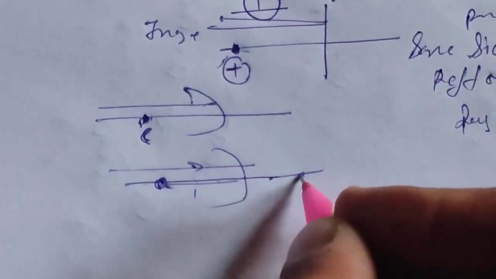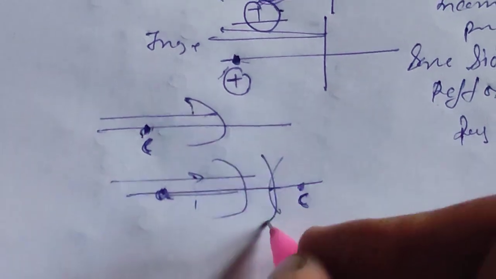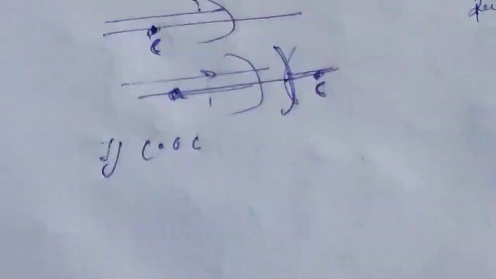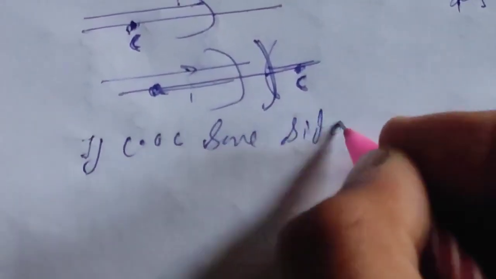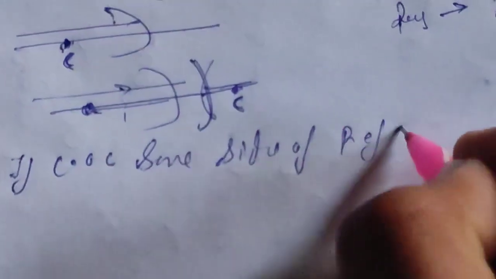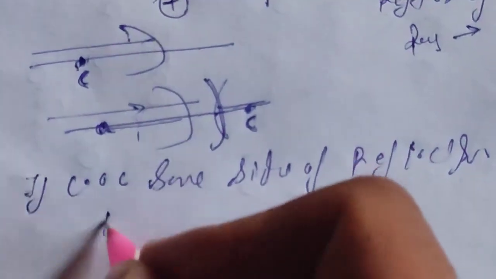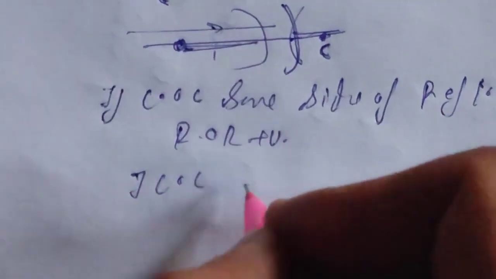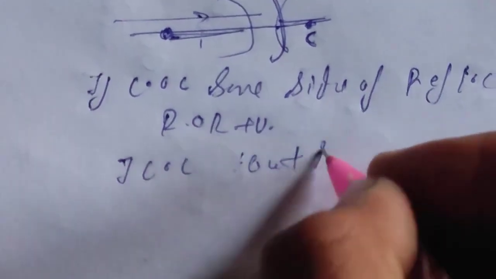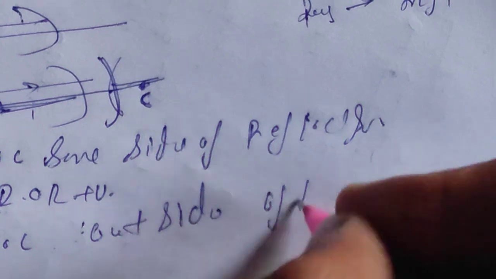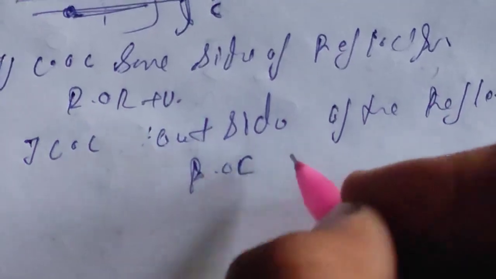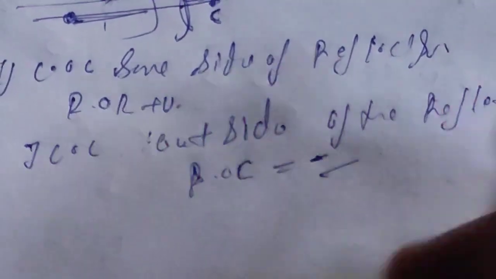And if the center of curvature is outside of the reflective surface, as in a convex mirror, then the radius of curvature is negative.